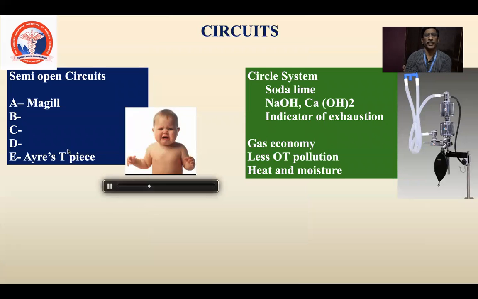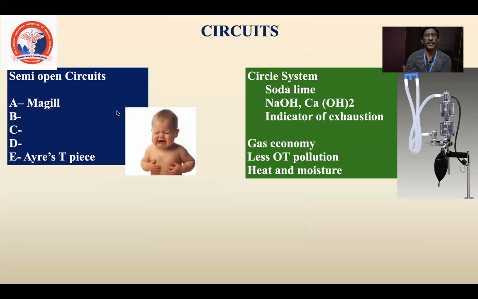Coming to circuits, the circuits bring the gas from the anesthesia machine to the patient end. We have semi-open circuits and the circle system. In the circle system, we have soda lime, which comprises sodium hydroxide and calcium hydroxide. It absorbs the carbon dioxide so that the expired air is recycled or reutilized.